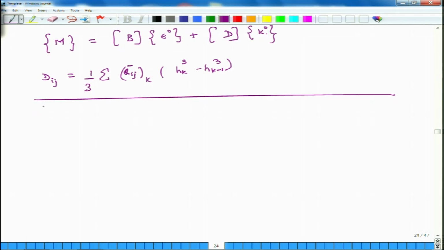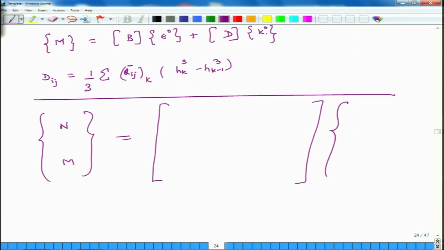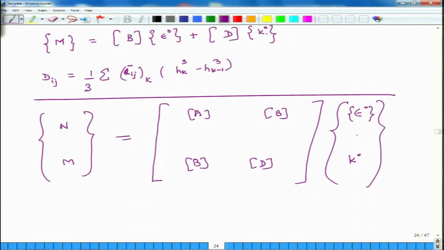Overall, we can assemble all these relations for moment and force resultants, and we can say that force resultants and moment resultants can be calculated from this large set of relations. So, you have the mid plane strain vector and mid plane curvature vector, and this is the A matrix, B matrix, B matrix, and this is the D matrix, and all these are also vectors of size 3.